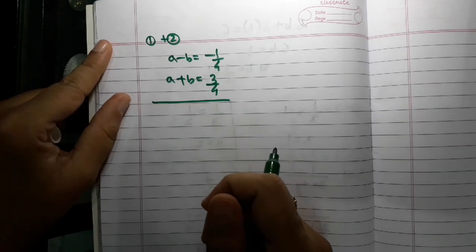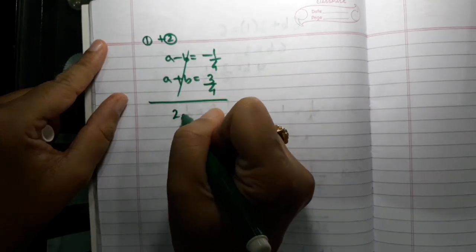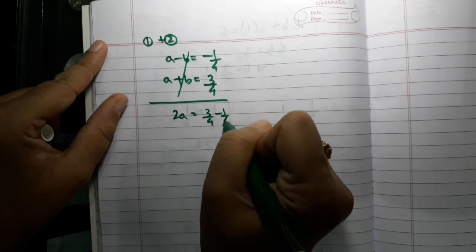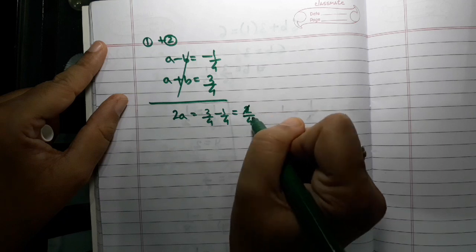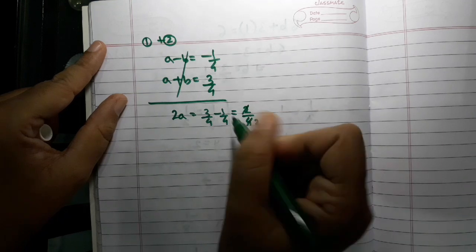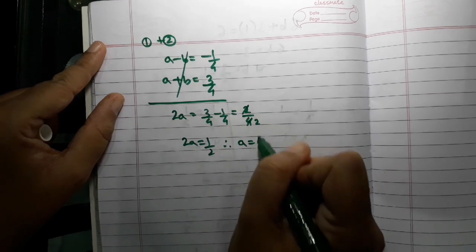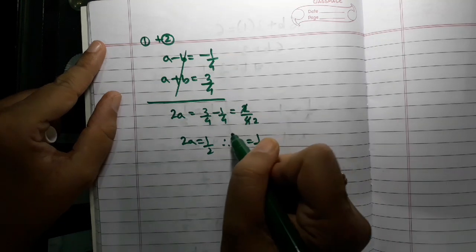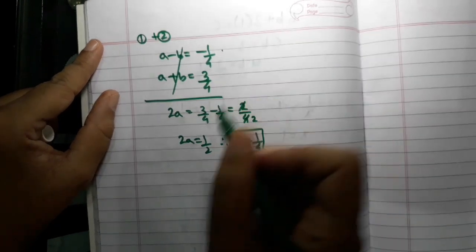Let us add the two equations. So over here b and b get cancelled and we obtain 2a is equal to 3 by 4 minus 1 by 4. 3 minus 1 is 2 by 4 or 1 by 2. So 2a is 1 by 2. So from here the value of a that we obtain is 1 by 4. Now we substitute this value of a in this equation.